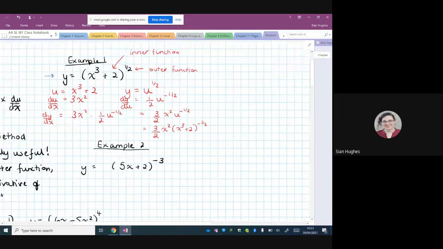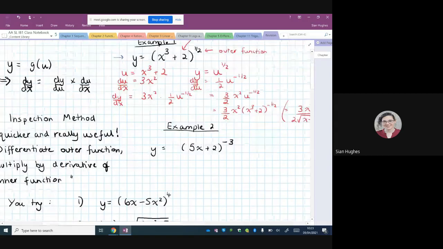You may have preferred here to write your final answer like this, because power minus half, the half means a square root, the minus means it should be on the bottom of a fraction, but that's optional. There's nothing wrong with my first answer. So that's how to use the chain rule from the formula booklet.